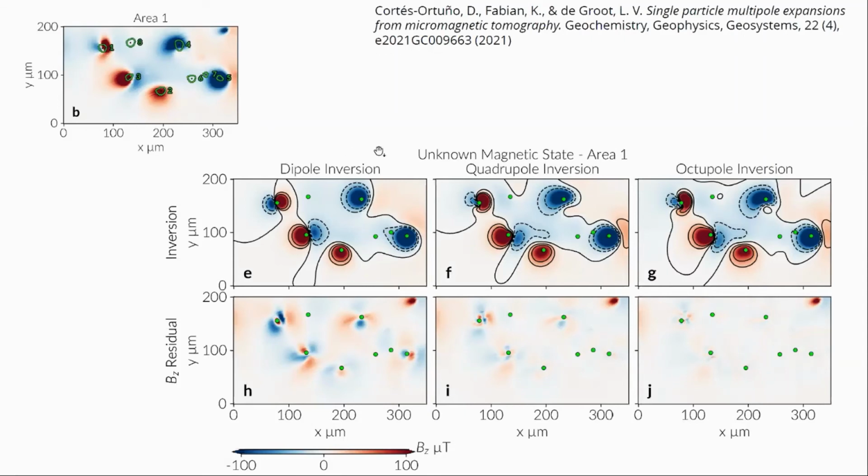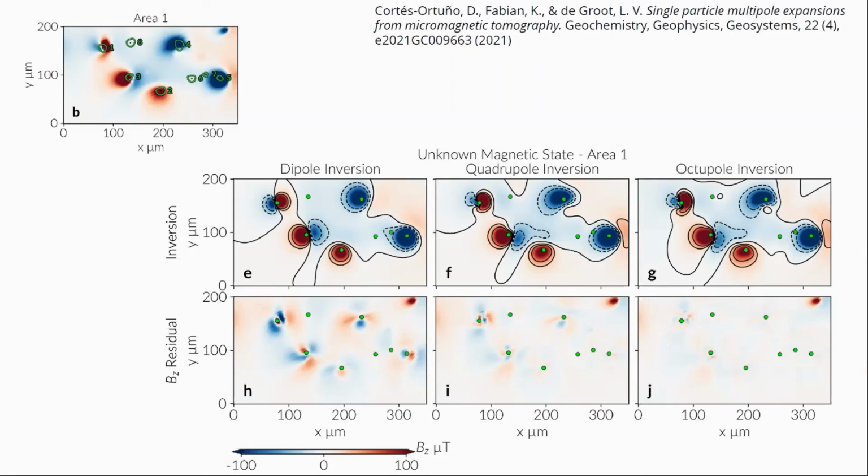And when we consider the higher order magnetic moments in the magnetic potential, we start to see that when we do the inversion, the errors decrease significantly. So that's a success for this model.